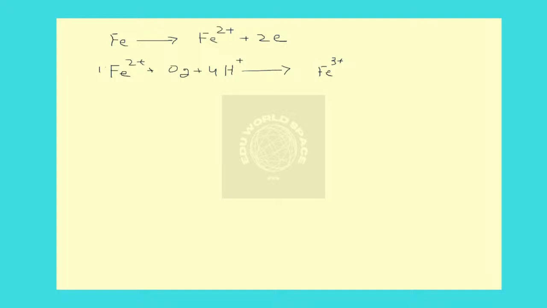Here 4 ferrous ions oxidize into 4 ferric ions in the balanced equation and give 2 water molecules.